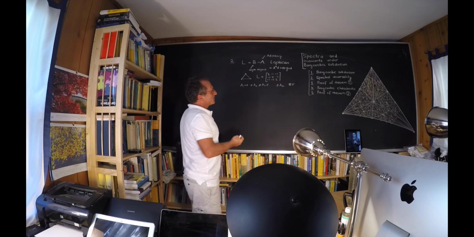Namely, that we can estimate this with the entries of the difference, and so we have the sum j equal to 1 to n of the absolute value of alpha j minus beta j is smaller than or equal to the sum over all matrix entries of C, where C is the difference, so this is the absolute value of C i j, with i and j going from 1 to n.